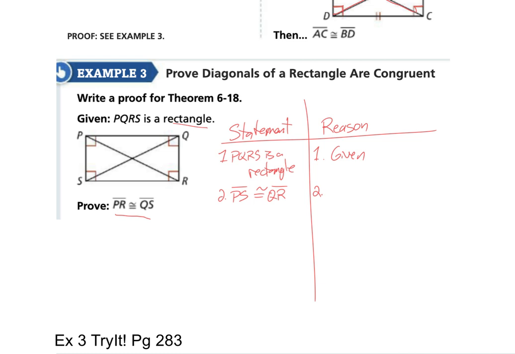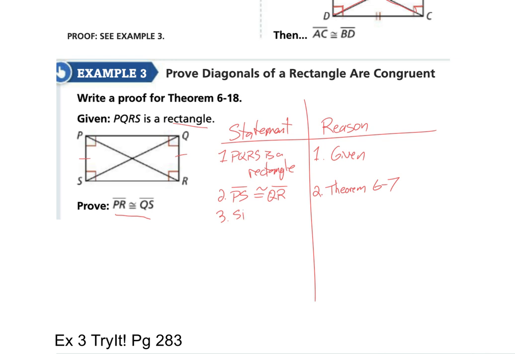So I'm going to look at my reference sheet here. It has my theorems on it, and I want the theorem that says in a parallelogram opposite sides are congruent. So that's theorem 6-7. Okay, so we now know this is equal to this.